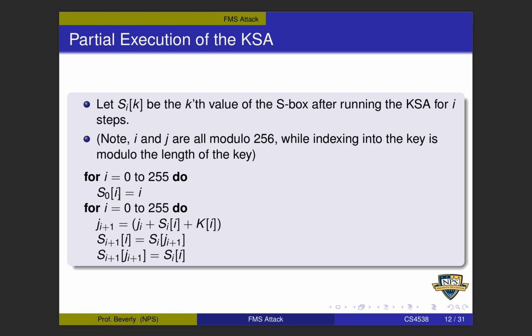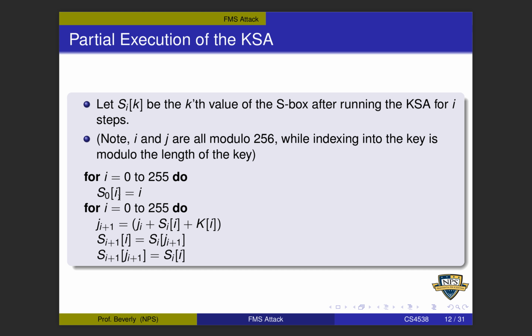The first part of the KSA, if you'll recall, is simply initializing the SBox to the identity permutation. The superscripts here refer to the step that the KSA has been run in. So here, let S subscript I of K be the kth value of the SBox after running the KSA for I steps.